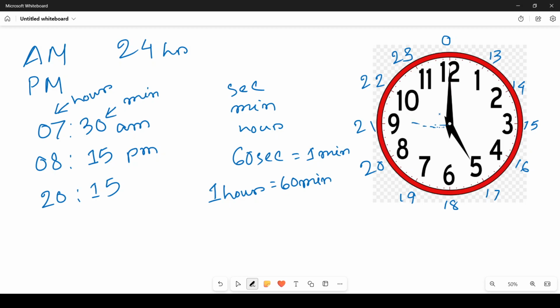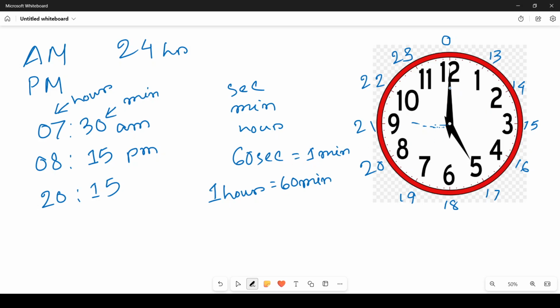So when this second hand completes a complete cycle, for example, it has started its journey from, say, 12 o'clock, and then it completes one complete cycle and comes back at 12, then it will be 1 minute.